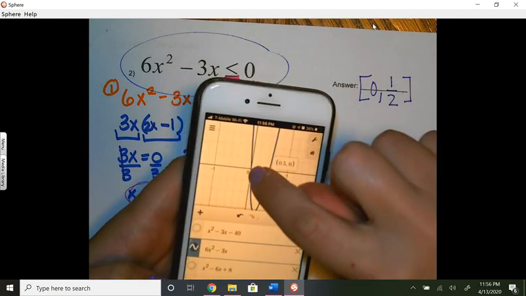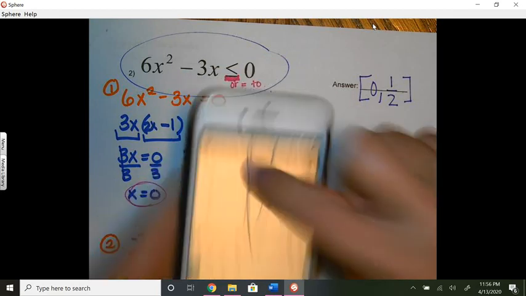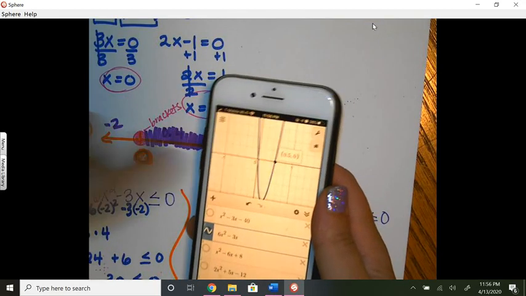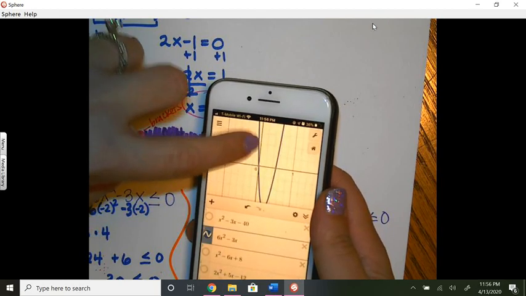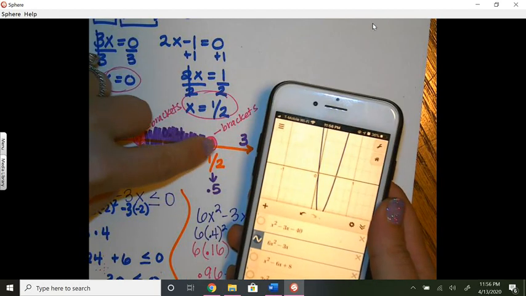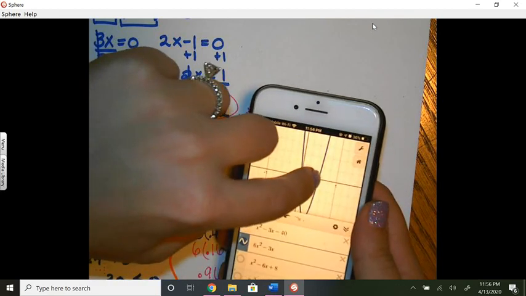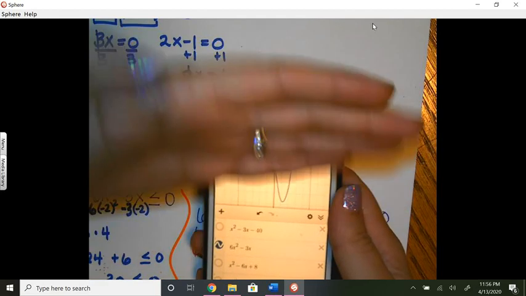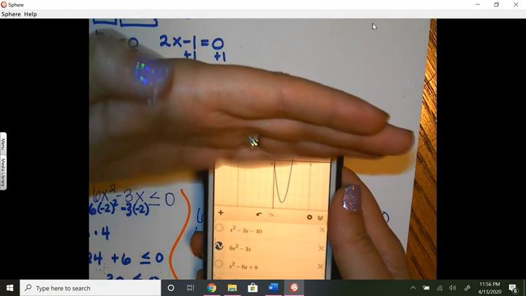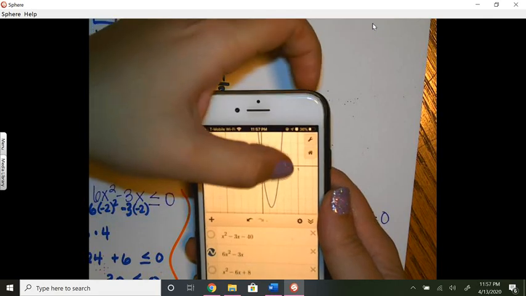So anything bigger than 0 over here, the graph goes up here. And any number that's greater than 1/2, so over here the graph goes up. But the graph is below the x-axis right here. It's below it in between here and here.